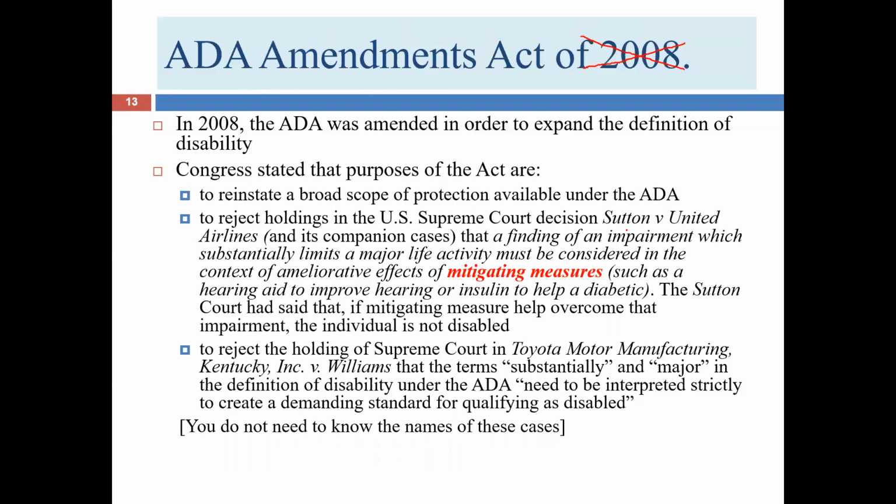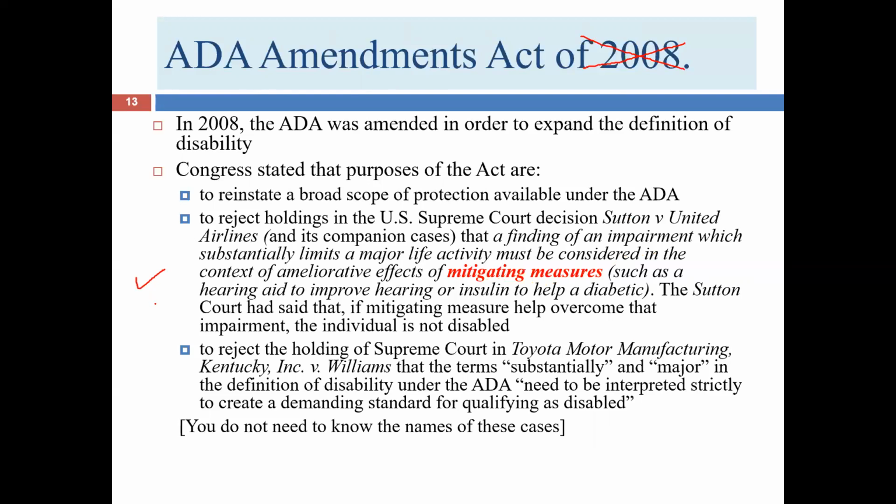And several people who might have fairly significant health issues weren't meeting that definition of disability. Well, Congress said, look, we intended for this law to have a broad scope and to cover relatively more people. And so we're going to amend the Americans with Disabilities Act to overturn these bad decisions, in our opinion, of the U.S. Supreme Court.